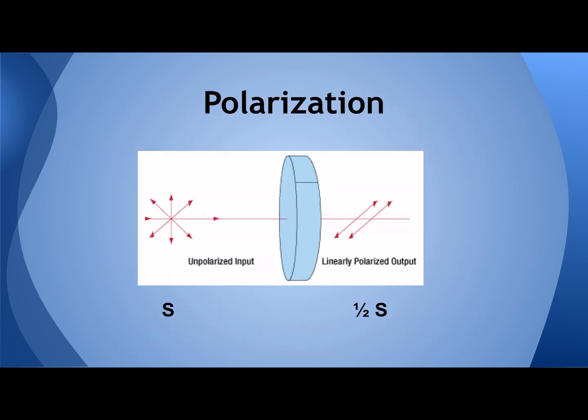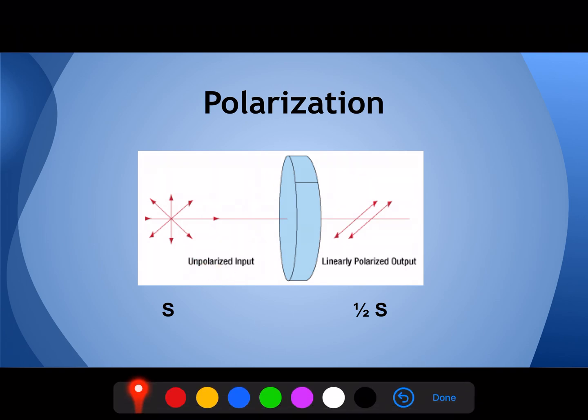Okay, so the final phenomenon with regard to light that we're going to discuss today, and we're going to go into more detail on the next lecture, is polarization. So whenever light is given off, it's generally what we would call unpolarized, whereby these vectors could indicate a sort of random orientation of, for example, your electric field.